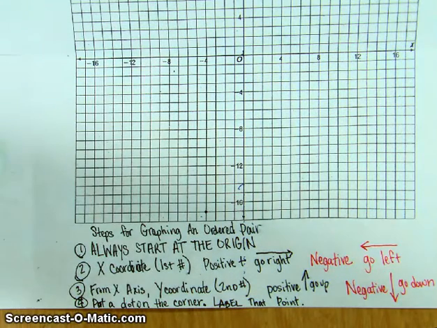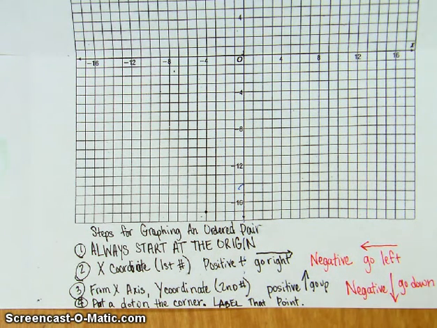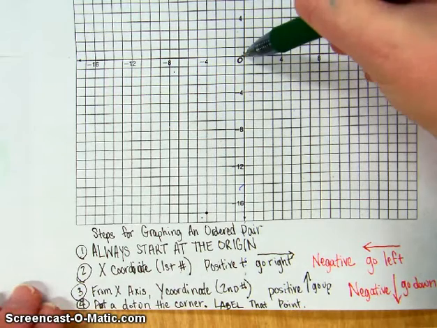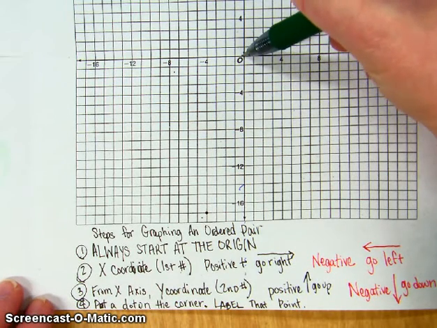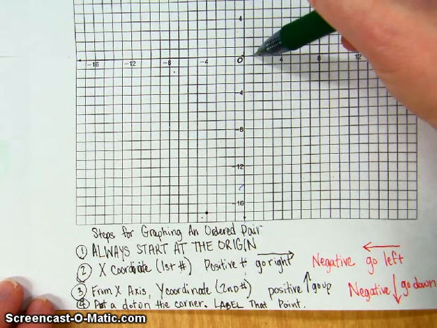Another thing I would like to tell you that has been a key mistake that I've seen repeatedly over the years is this. When you're here, this is 0. When you move, this is 1.